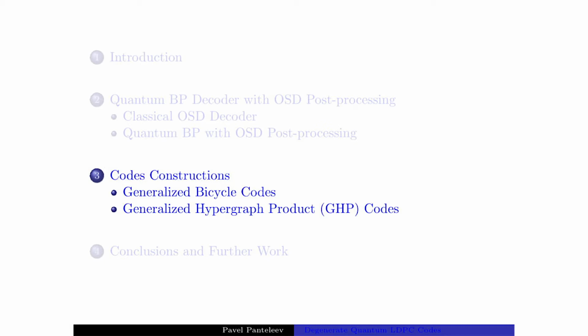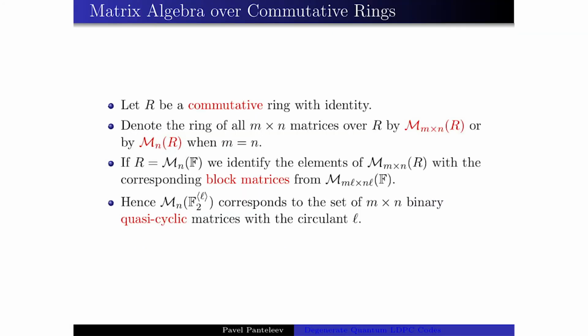Let me briefly describe our code constructions, our new generalized hypergraph product codes. So let R be a commutative ring with identity. We denote by M_R the class of matrices over this ring.